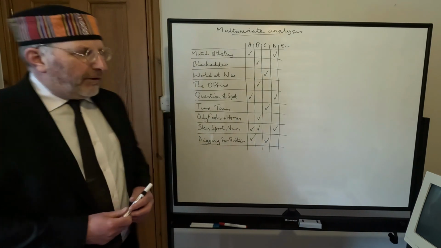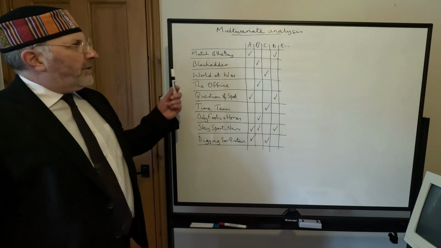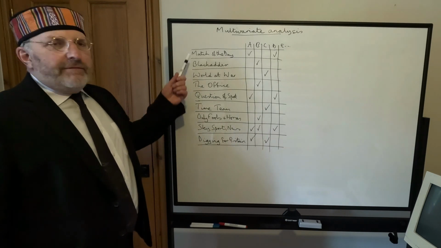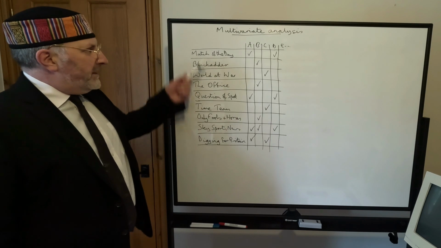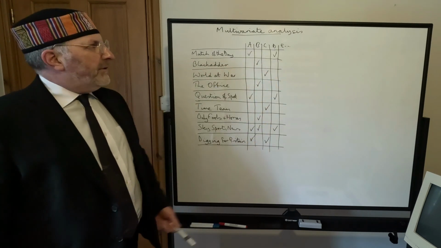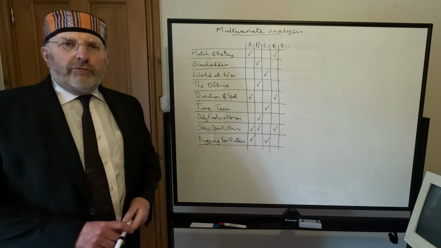And to illustrate that, I've taken this example where we can imagine we've done a survey of people about their TV watching preferences. So there's a range of TV programs here, and these are different people, A, B, C, D, E, and we've ticked off which programs they like.